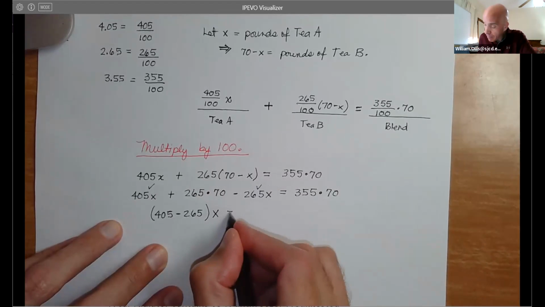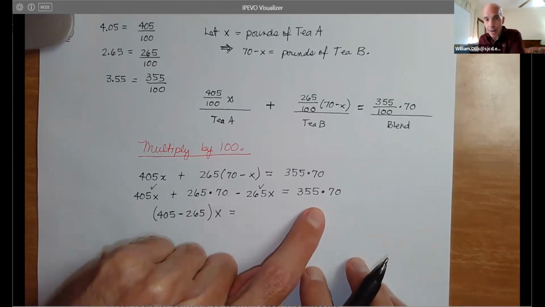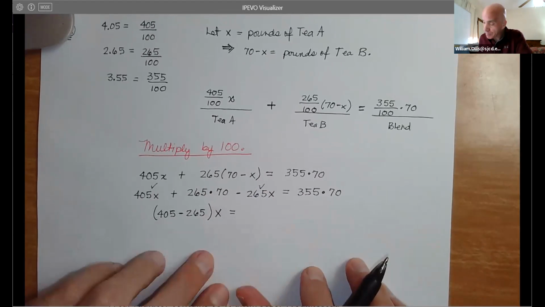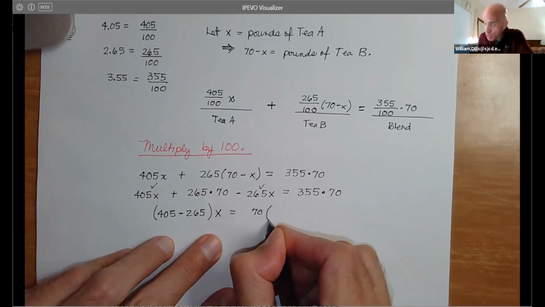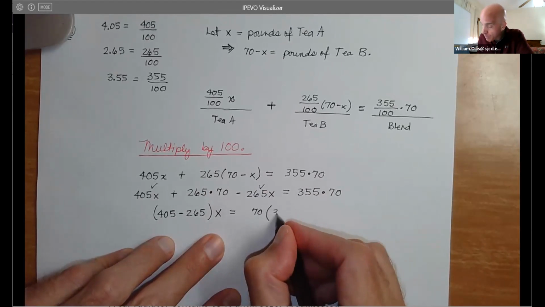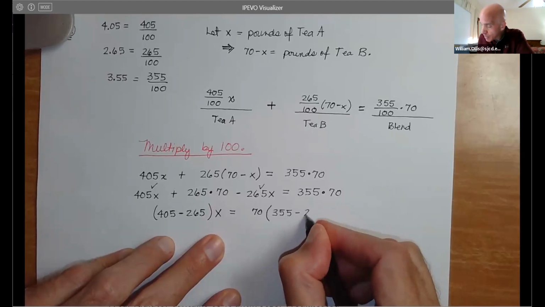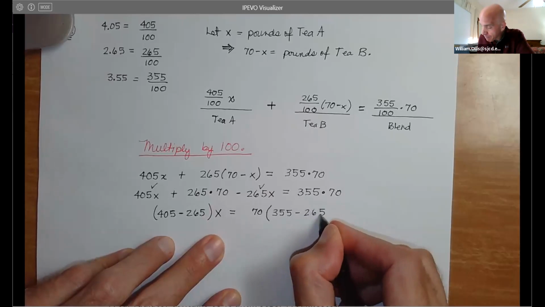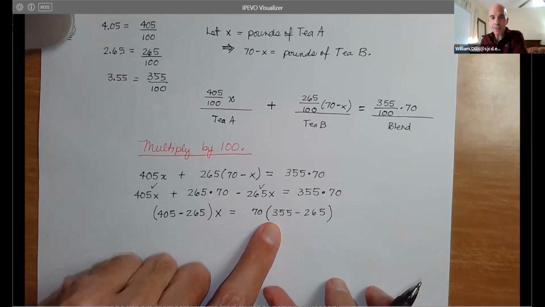And now what we want to do is move this to the other side and factor it. So we'll have 70 times, I'll use a parenthesis here, 355 minus 265.